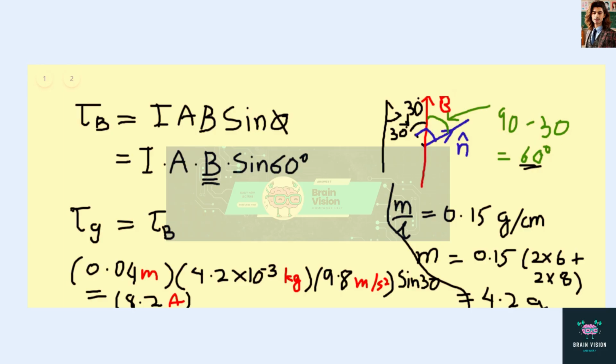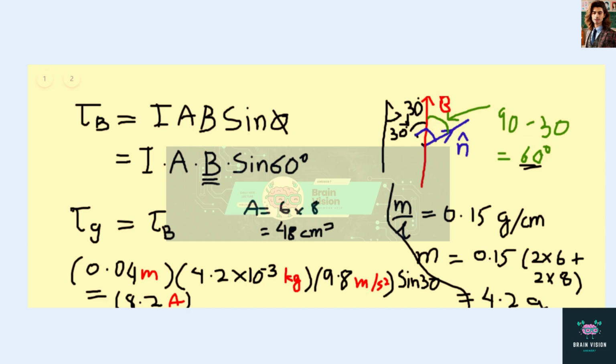The area is 6 times 8, which is 48 centimeters squared.